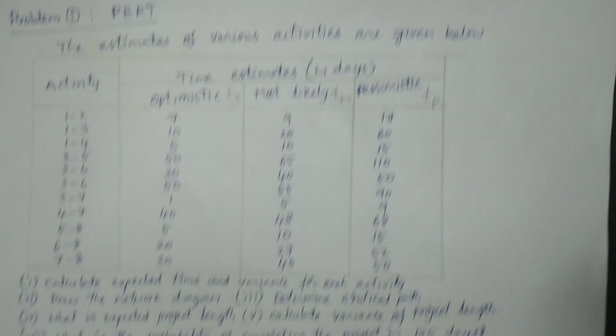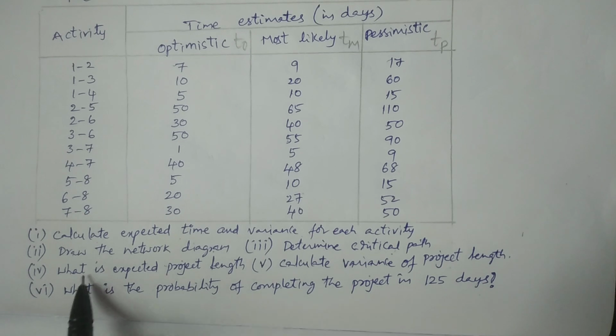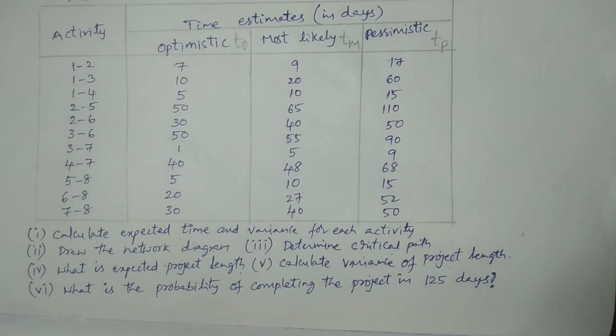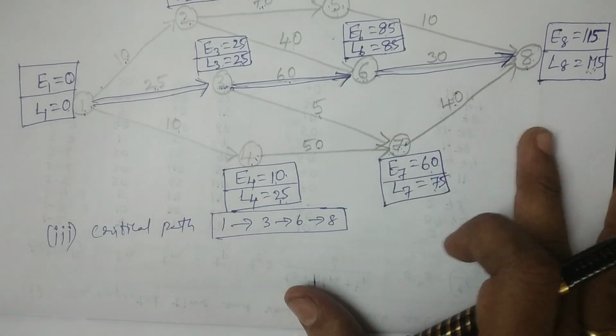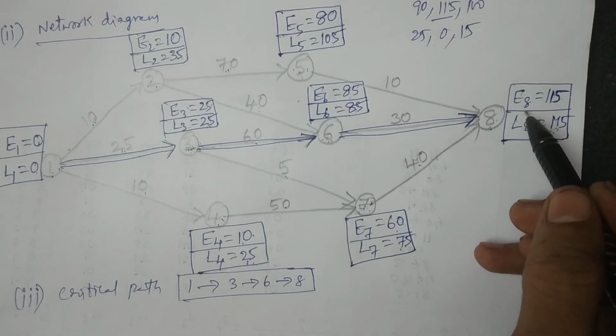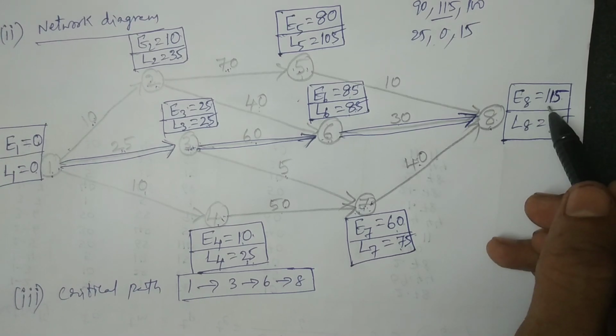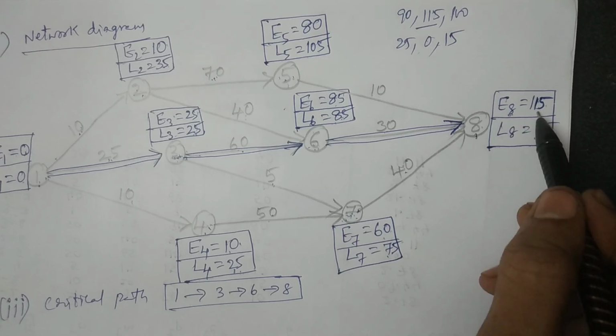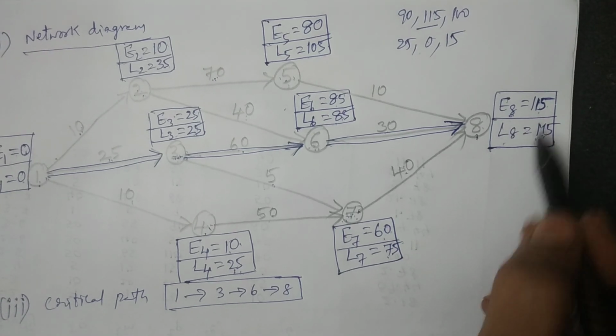What is the next question? What is the expected project length? We can answer simply from the last event, the value of E, that is the earliest time. Last event is 8, and the earliest time E8 is equal to 115. Both E8 and L8 are the same here.